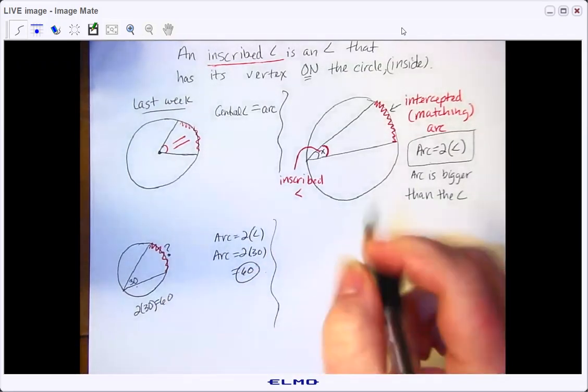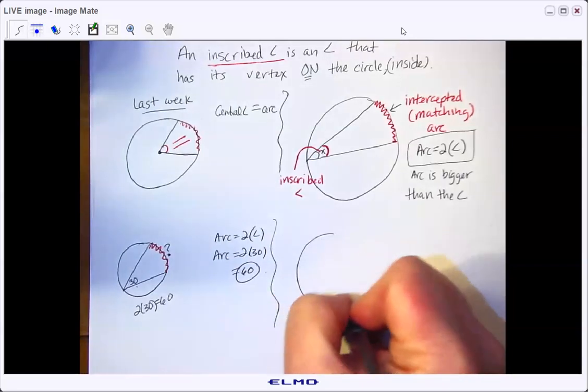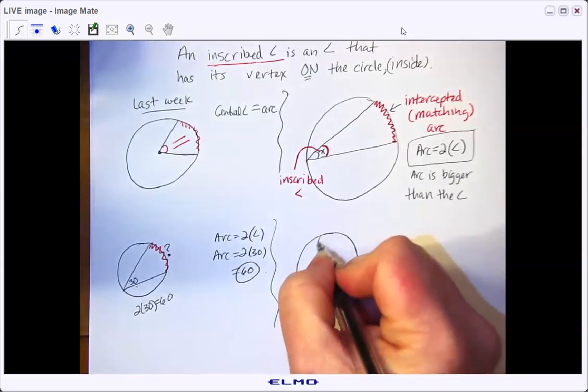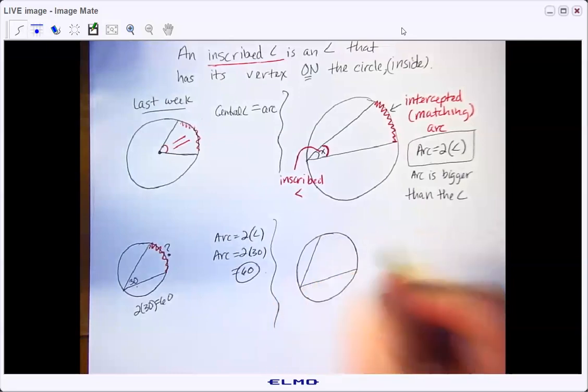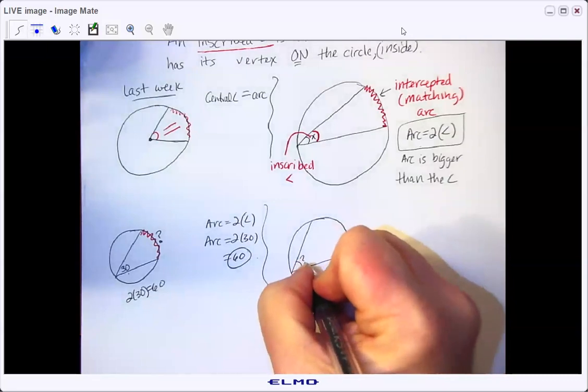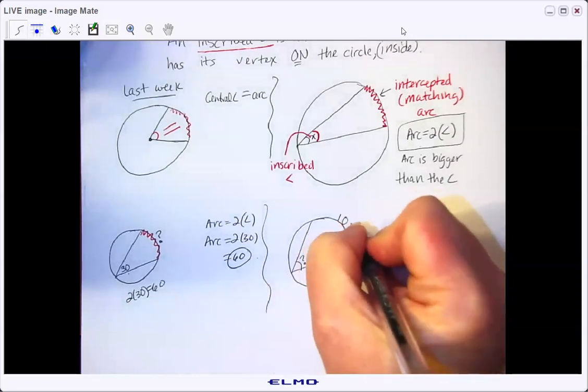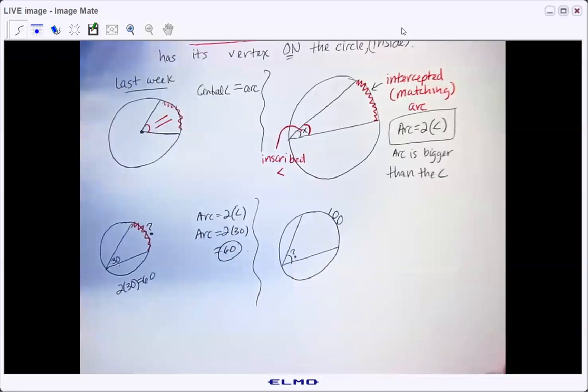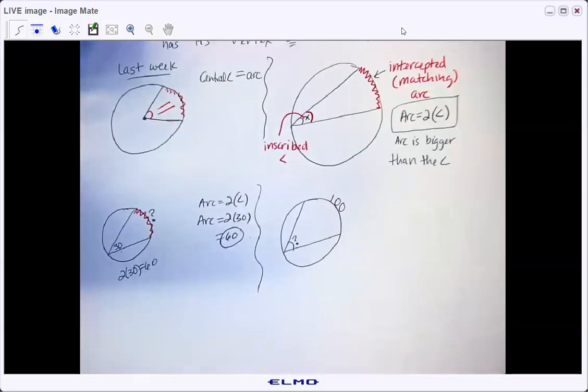Okay. What about this one? So now we're going to try to find the angle. If I give you the arc is 100. Remember, the arc is bigger. Go ahead and put your answer in the chat box.